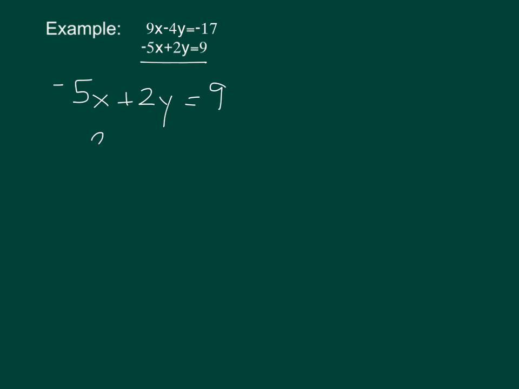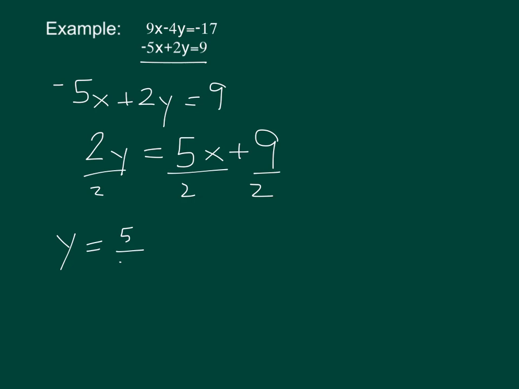It really doesn't matter; I could solve for x as well. I add 5x to each side and get 2y equals 5x plus 9, and when I divide through by 2, I get 5 halves x plus 9 halves.